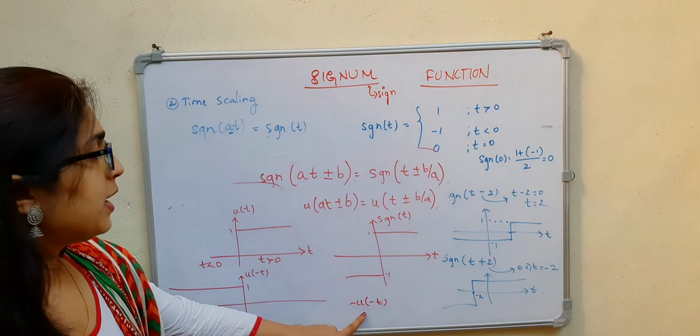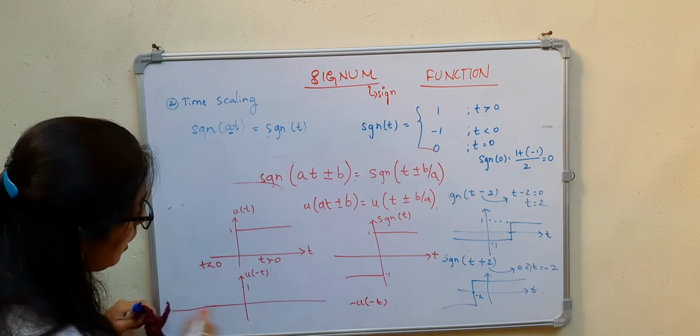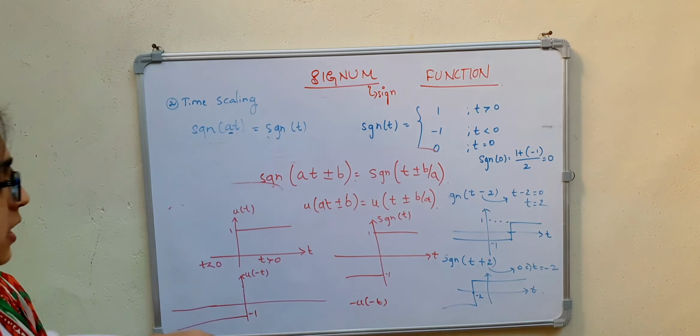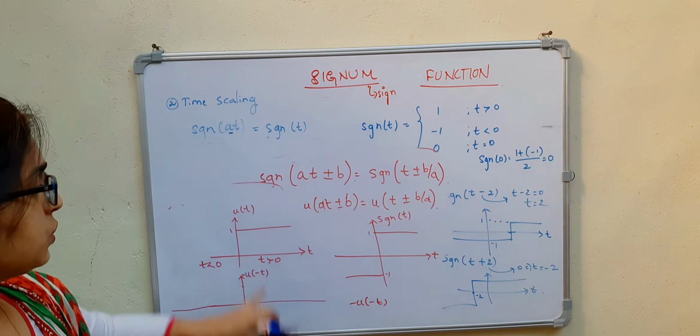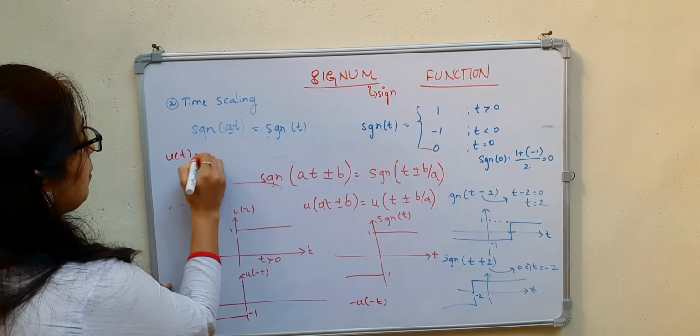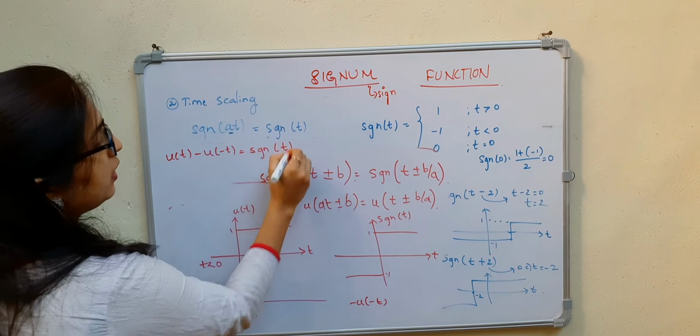If I consider minus u of minus t, the amplitude will become minus 1. Now if I add these two, I will get the signum function. So u of t minus u of minus t will give you signum of t.